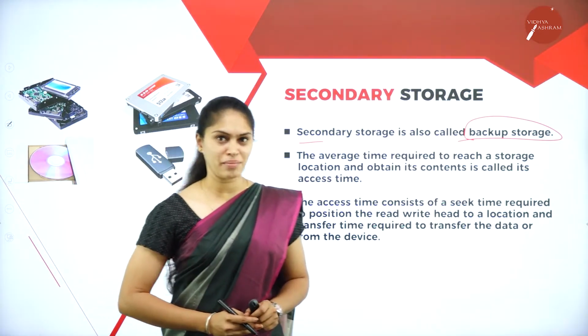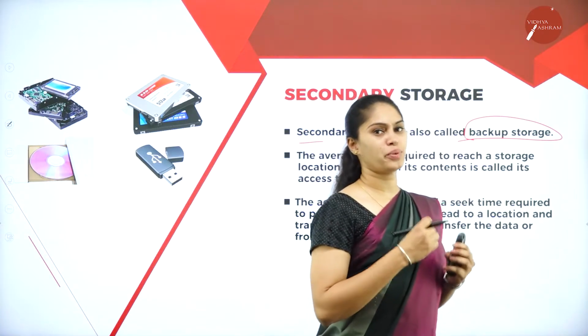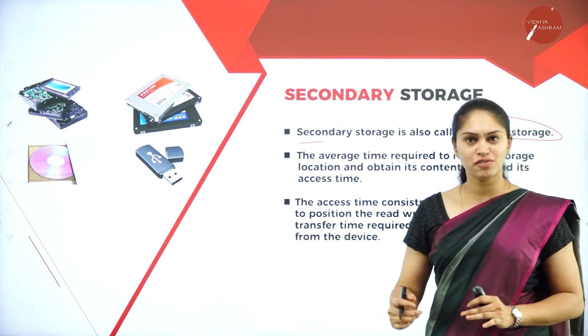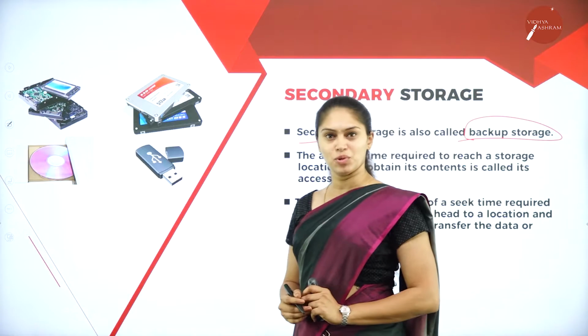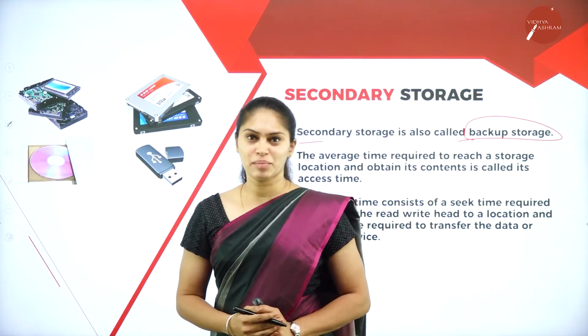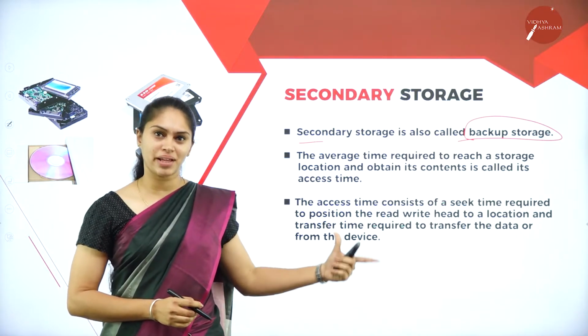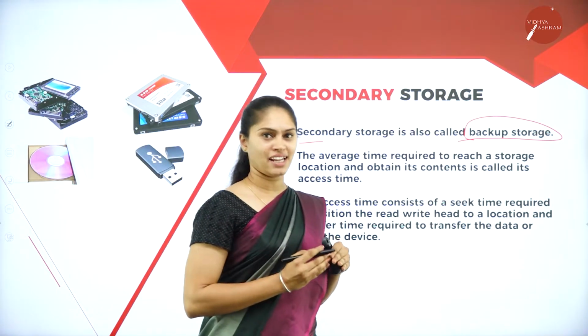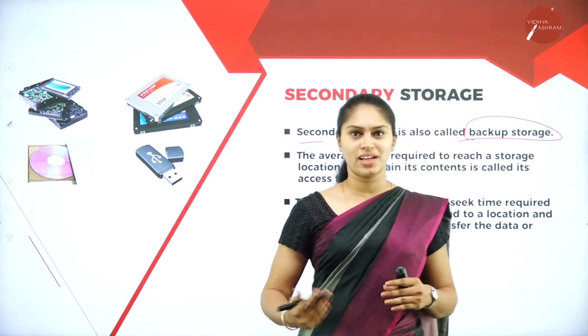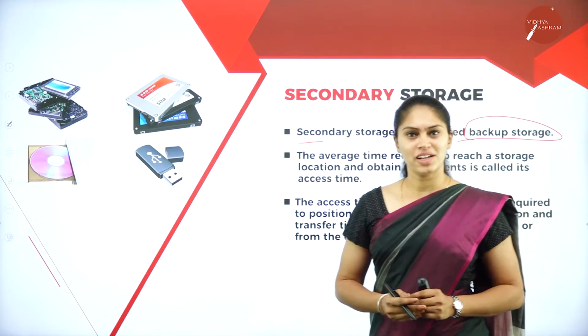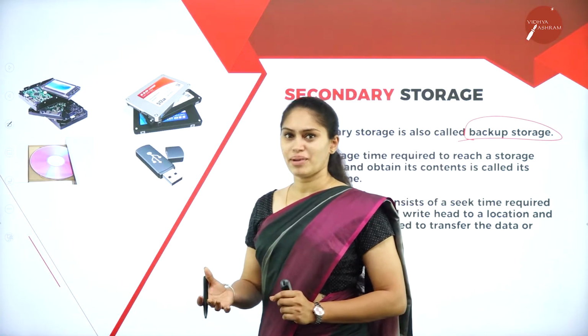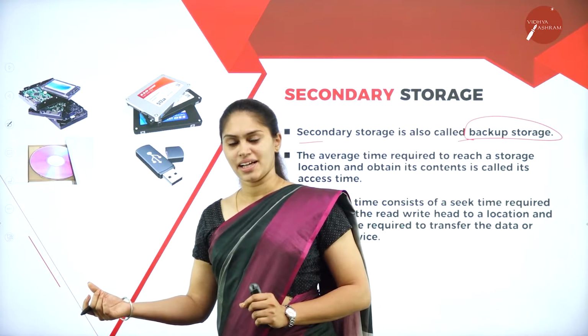Then you have to remember one thing. If I want to process any of the data and information by making use of the computer, then it has to be in the memory. Then in which memory does it have to be? It has to be in the primary memory. But I have my data and information in the secondary memory. Then how will the computer execute that data and information which resides in the secondary memory?